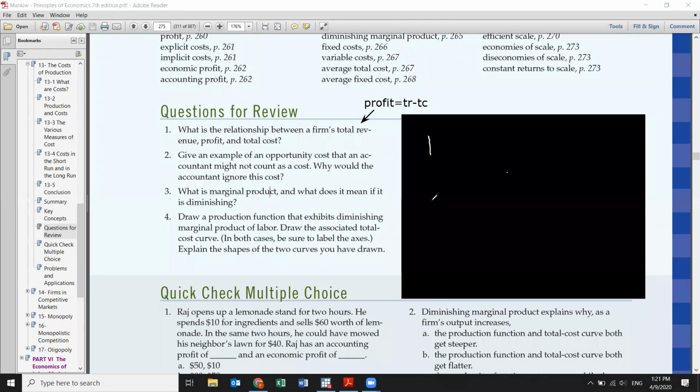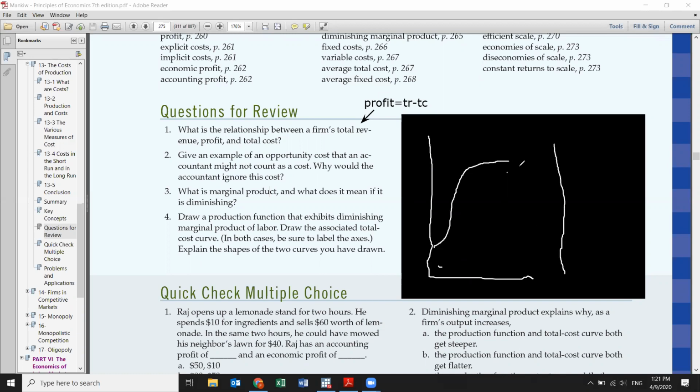So this is, let's say, for total cost. This is production, and it's like this. This is the production function. And this is total cost.